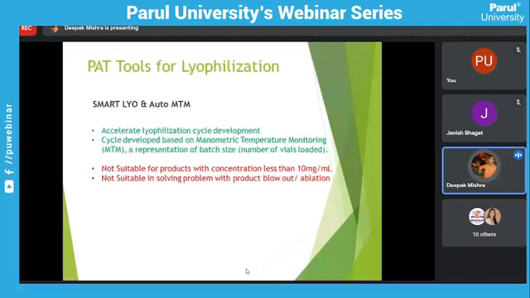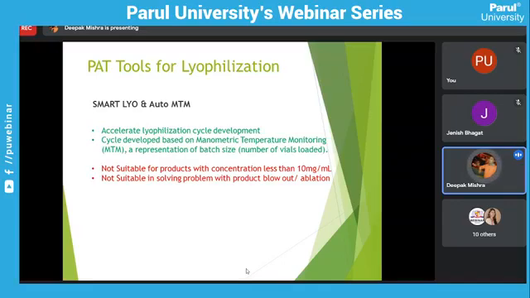Smart Lyo is now available in the SP Scientific lyophilizer LyoStar 3. In this cycle development, based on manometric temperature measurement, MTM, the pressure gauge is a representation of batch size. We also know how much batch size we are loading in the lyophilizer. On the basis of these parameters, it will generate an automatic cycle in the Smart Lyo process.